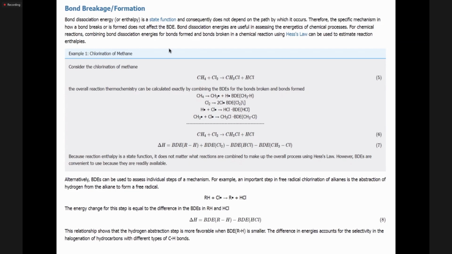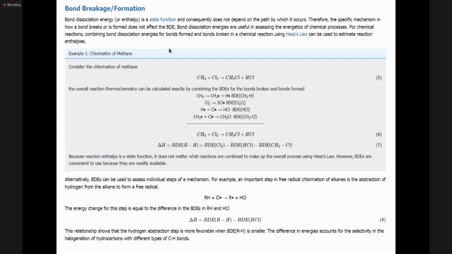The specific mechanism of how the bond is breaking or how the bond is getting formed does not affect the BDE value, because enthalpy is a state function and it does not depend on the path chosen. That's why the delta BDH value does not depend upon the path.